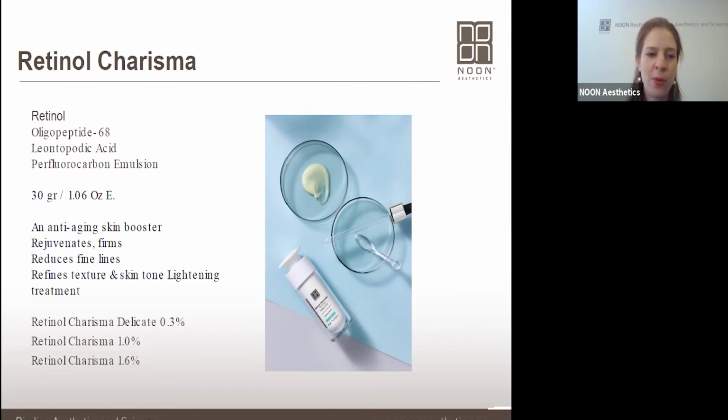There is one more situation where I like to use retinol. Sometimes the hair follicle is not straight, it can be curly, and this can cause inflammation. Retinol is the only ingredient that will help the hair follicle get straight, and it can help many times when there is acne.